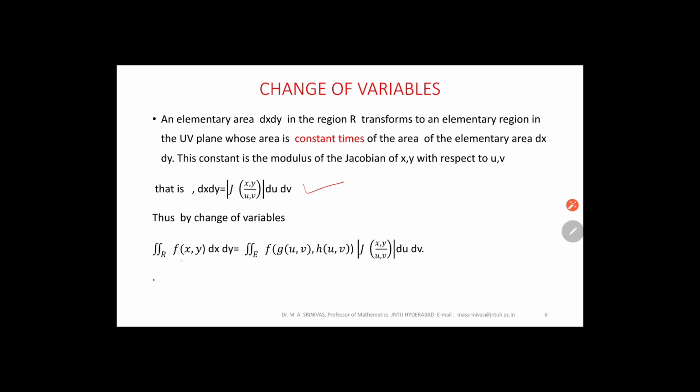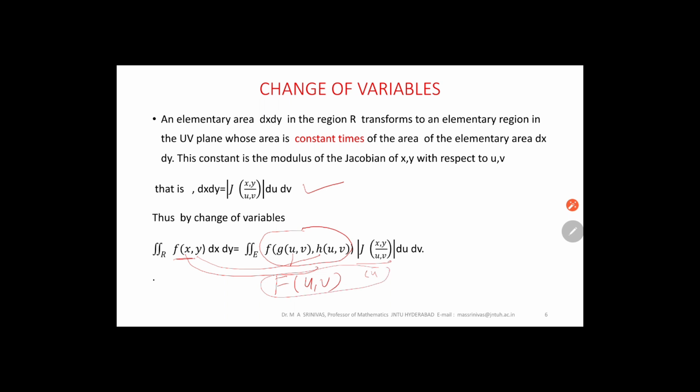So the double integral of f of x, y dx dy will be equal to the integral in which, in place of x, you write the function g of u, v, and in place of y, you write some h of u, v, so that this entire expression is a function of u, v. The Jacobian of xy with respect to uv will also be in terms of u, v.